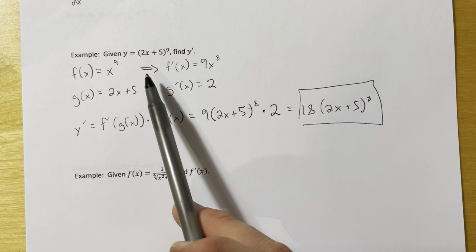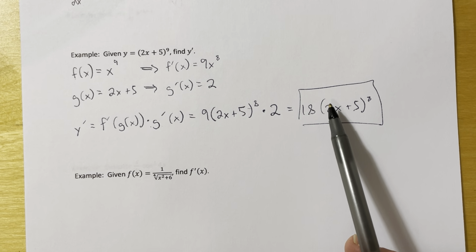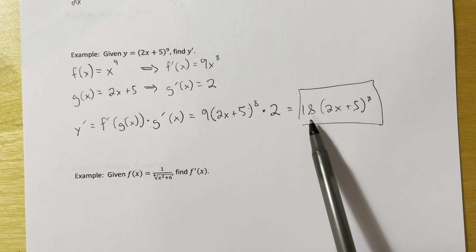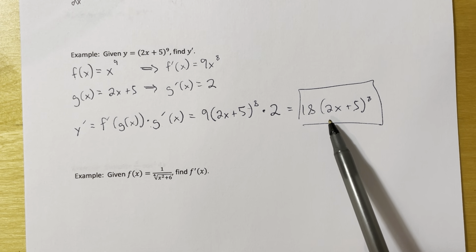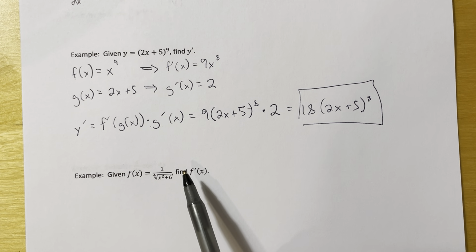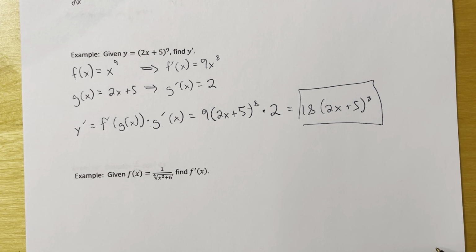So not only does the chain rule make this process take much less time, it also spits out a factored version of the polynomial that you would have gotten in the first place, which is generally much more preferable. So the chain rule is vastly superior to the other approach here. I'm going to go ahead and stop this first video here, and we'll keep doing examples in the next.